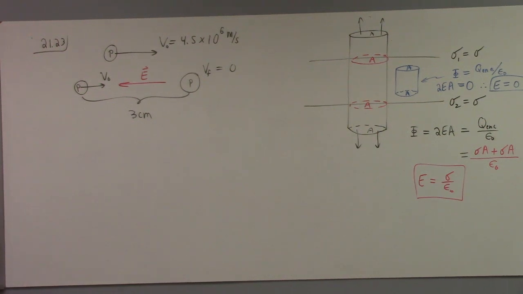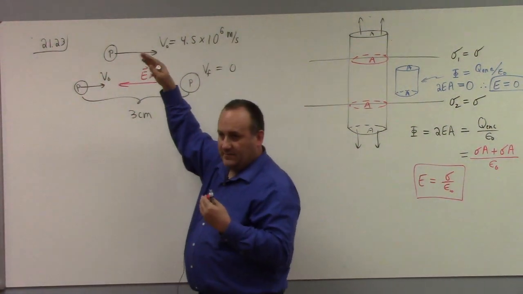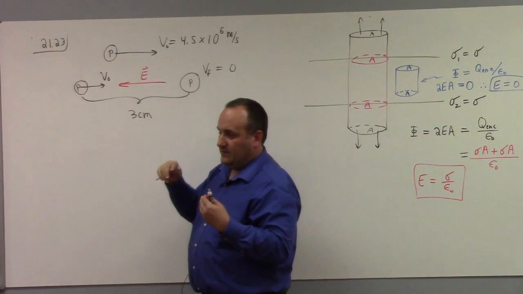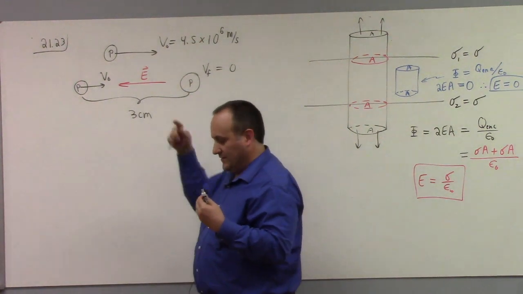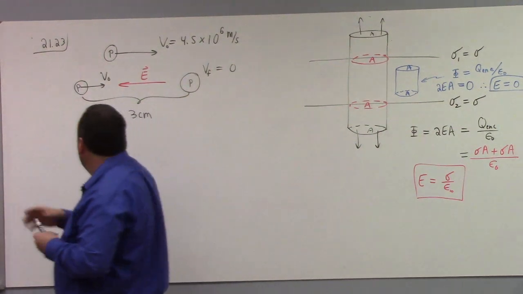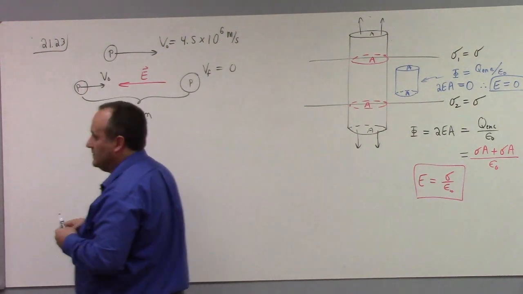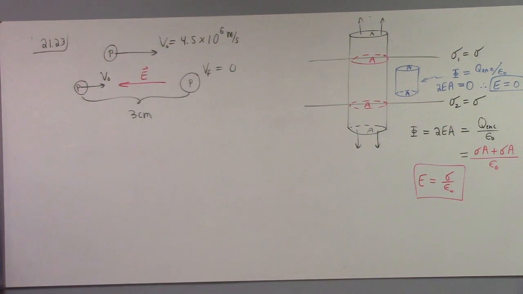If the field were at an angle, that would not bring it to a stop. It would turn its direction. So if we want it directly opposite the motion, we've got 3 centimeters. How do you figure out this problem? What do you guys think?